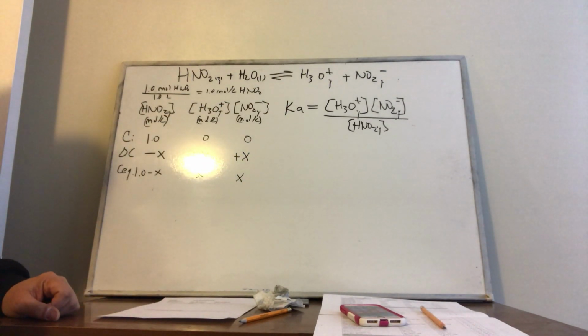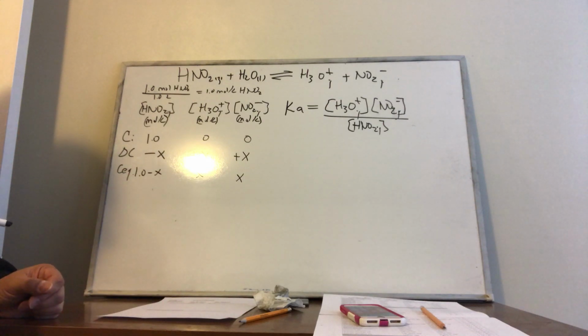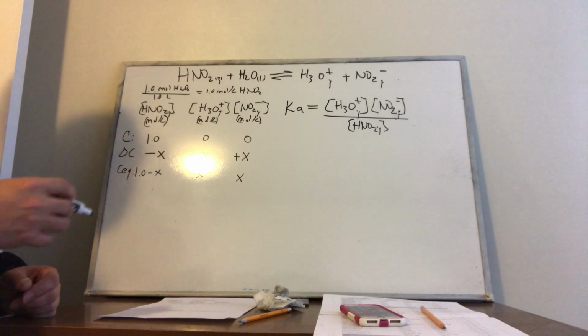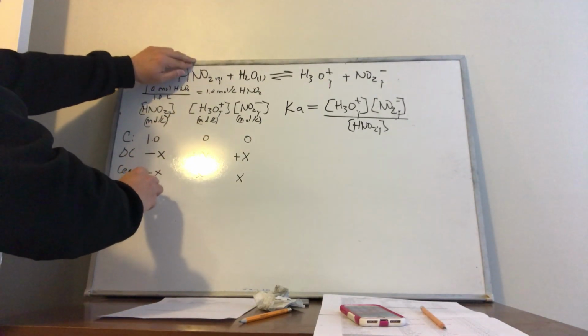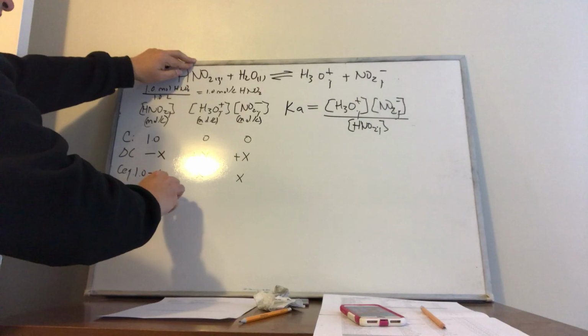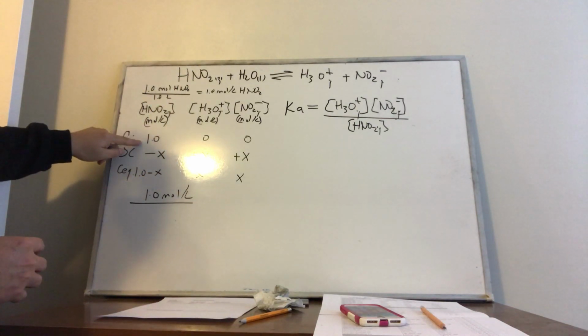Now, if I were to substitute these values in, I would not have a perfect square, and I would have to use the quadratic equation. Let's try the assumption to see if we can get rid of this x if it's too small. So we take 1.0 moles per liter, which is the initial concentration of our acid.